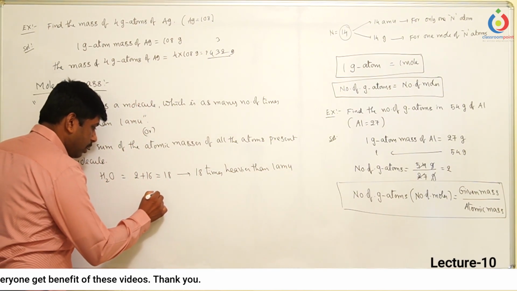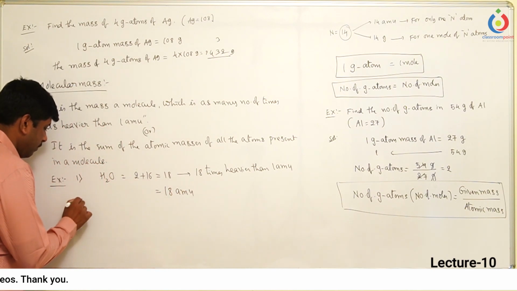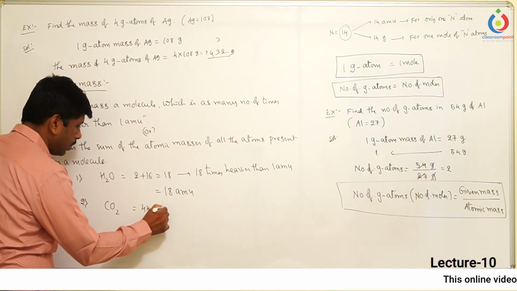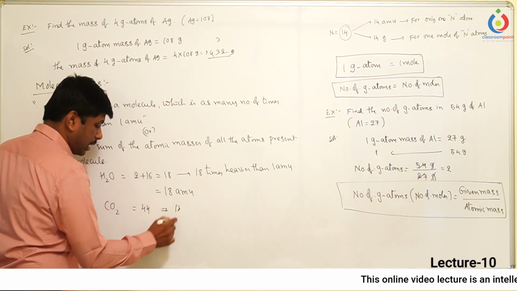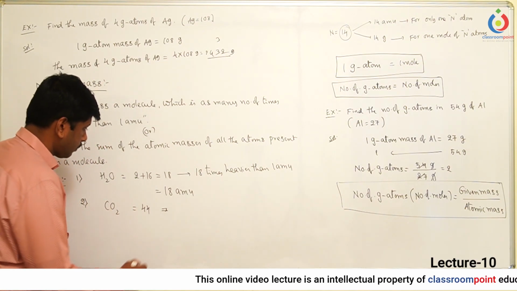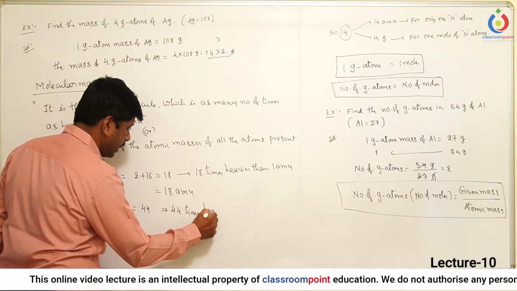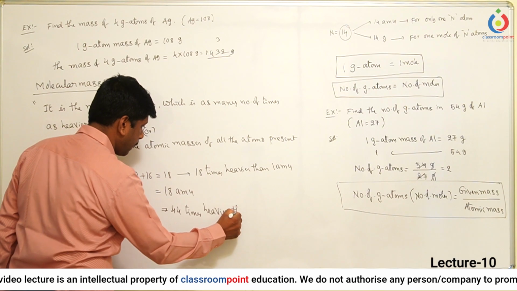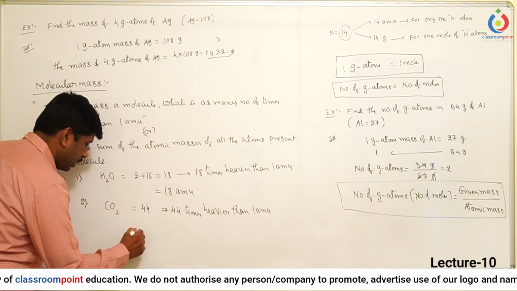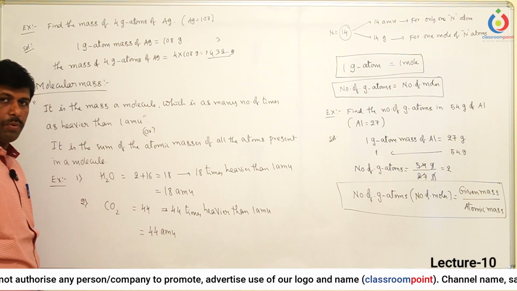So 1 molecule of water has mass 18 AMU. And if we take the carbon dioxide molecular mass, it equals 44. It means it is 44 times heavier than 1 atomic mass unit. So 1 carbon dioxide molecule mass we can write as 44 AMU.